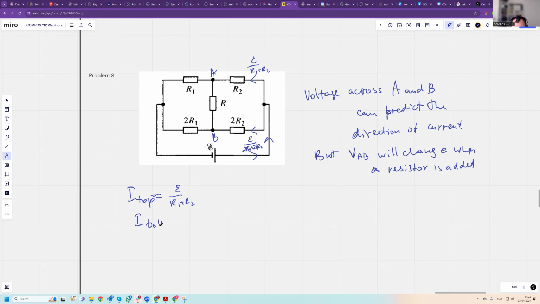Current at the bottom is EMF over 2R1 plus 2R2. Current through the battery is the total of the two, so it's 3 EMF over 2R1 plus 2R2. And current through AB is 0. There's not going to be any current.